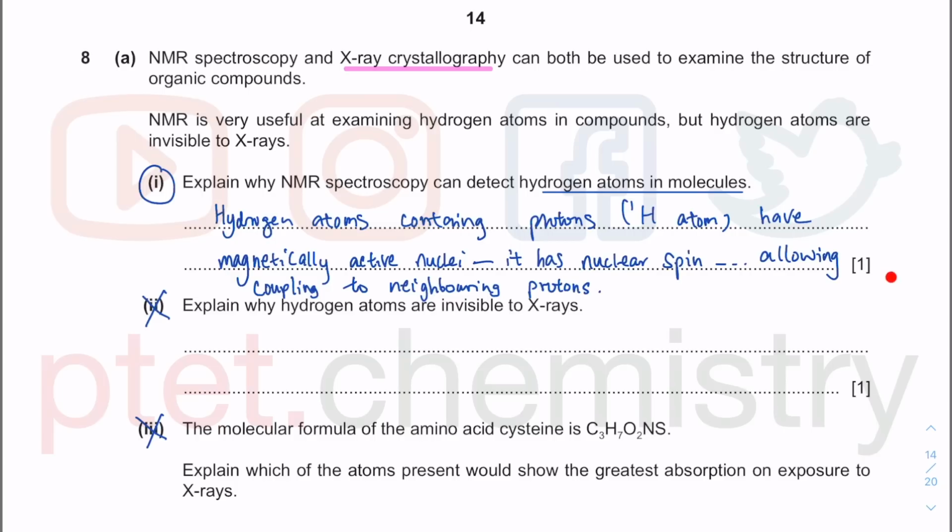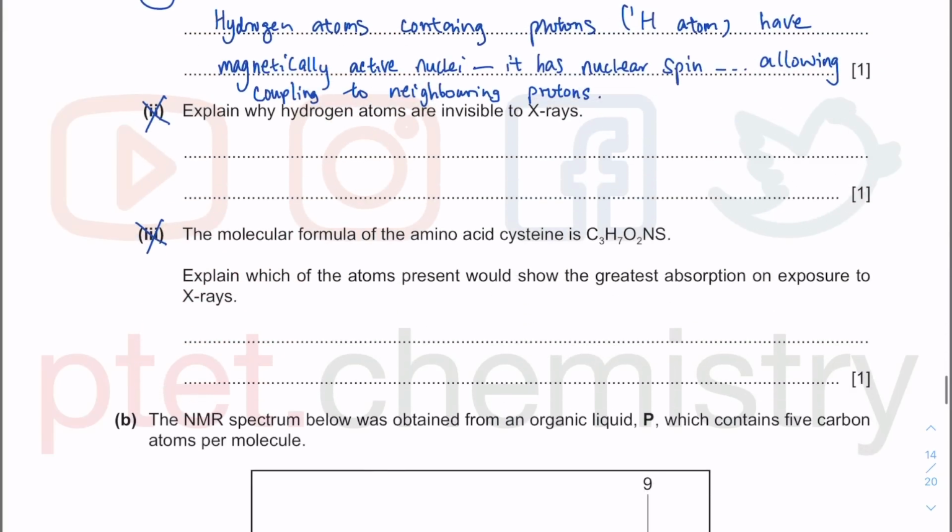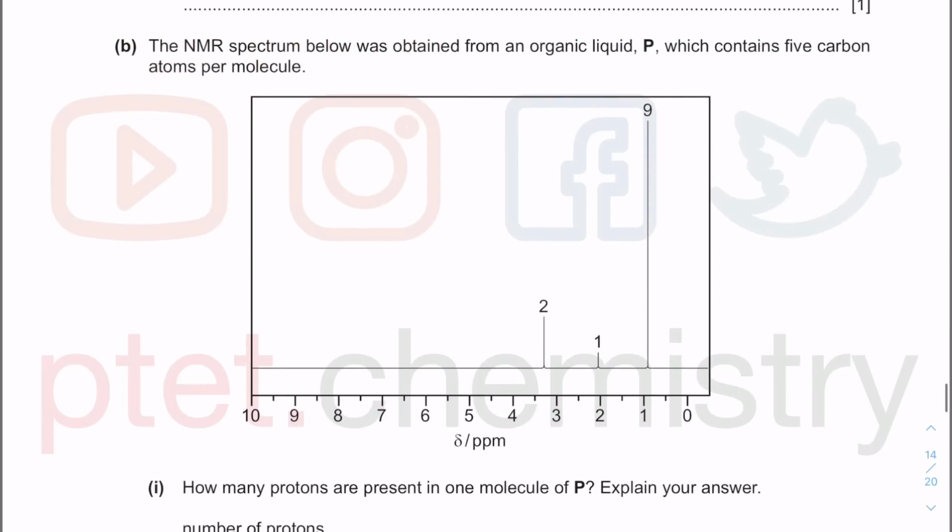It's basically about the operating principles, and the idea that students need to know the operating principle has largely been taken out. It's mostly analysis of results that is more important in the context of modern questions in the current syllabus. So what we see about this NMR spectrum is we have an organic liquid P. It has 5 carbon atoms, but we have 3 environments.